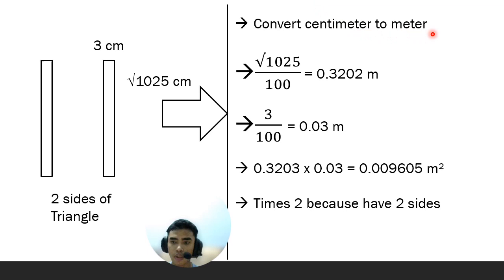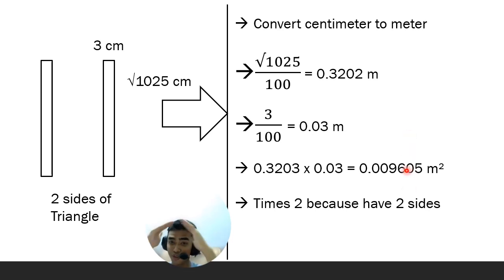We convert to centimeters first, so it will be easier. 32.025 divided by 100, we get 0.3203 meters in width, rounded to 4 decimals. And 3, which is the width, divided by 100, we get 0.03 meters. So 0.3203 times 0.03, we get 0.009605 meters squared for the area of the side of the triangle.